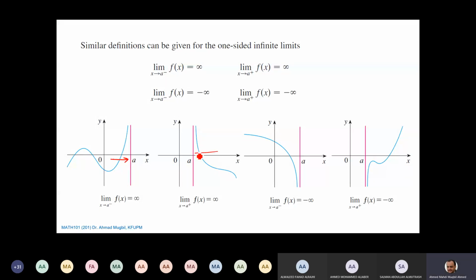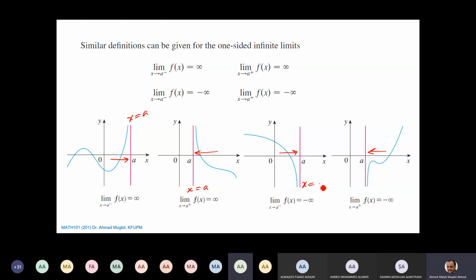Here, when it is approaching a from the right, it goes to positive infinity. Here, when x approaches a from the left, the function goes to negative infinity. Here, when it is from the right, it is going to negative infinity. What you can notice, shabab, here, what can we say about the line x equals a? The vertical line x equals a is what?